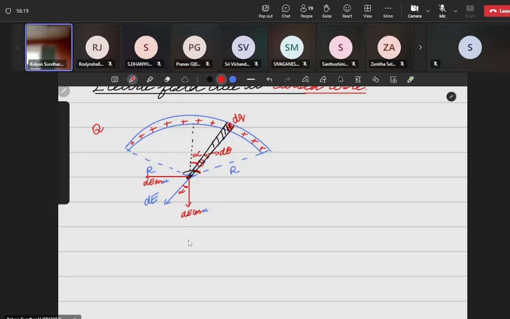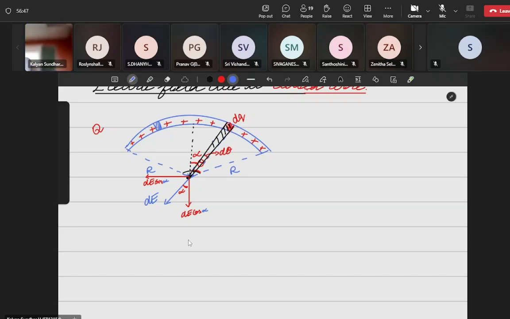Right. Since this part is all the same, it replicates here also. The left half of it is this. So shall I take a dq here too? The same dq value. Which one, sir? Will cos theta cancel or sin cancel? Both will add up, right?